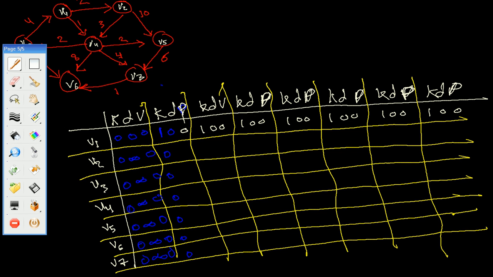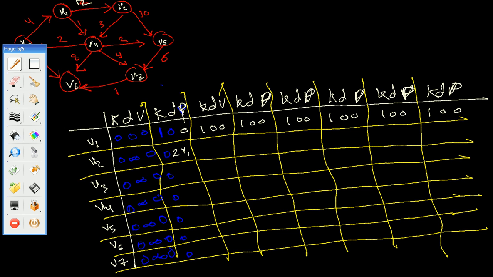This is the first thing. After that, I calculate the distance from V1 to V2, and from the graph above you can see it's 2. So from V1 to V2, the distance is 2, and the previous is V1 exactly.